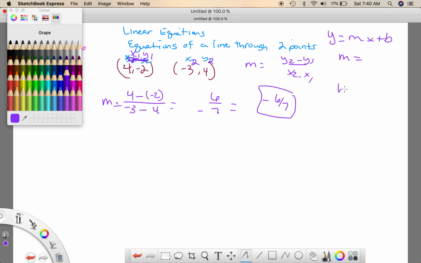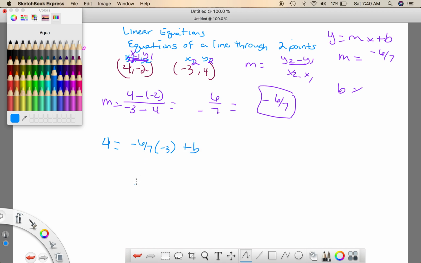Okay, so we always start off by writing your equation. And we need an m and we need a b. The slope is negative 6/7. So now we plug this in. It doesn't matter which point; I'm going to use the second coordinate right here. So we're going to do 4 equals negative 6/7 times negative 3 plus b.